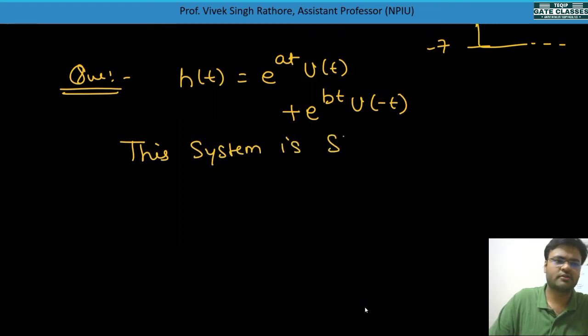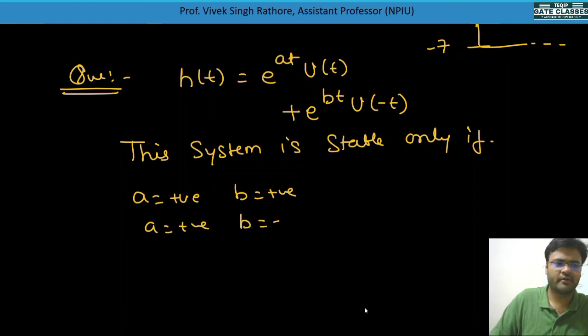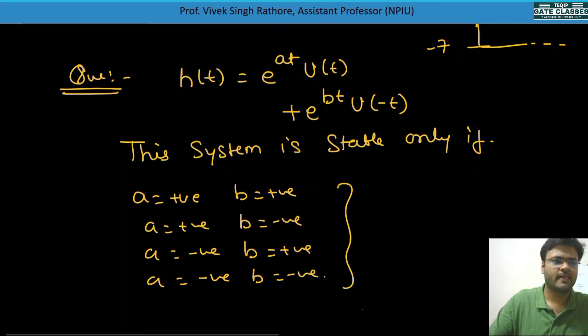Four options were there: a is positive and b is positive; a is positive, b is negative; a is negative, b is positive; and a is negative and b is also negative. You need to solve this question.